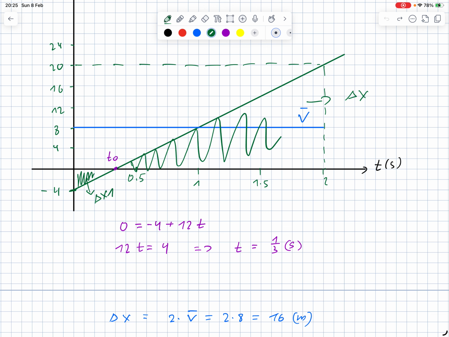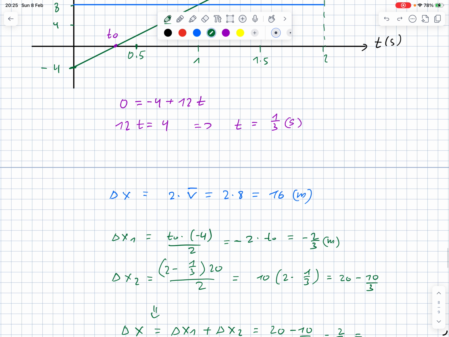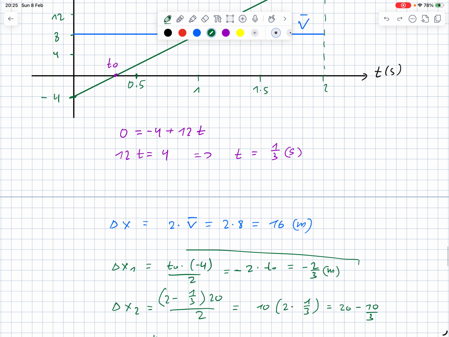Okay, and I should get the final value of 20 meters. If I try to calculate the first area, we need to understand that the height of this triangle is -4. So -4 times t0, this value.